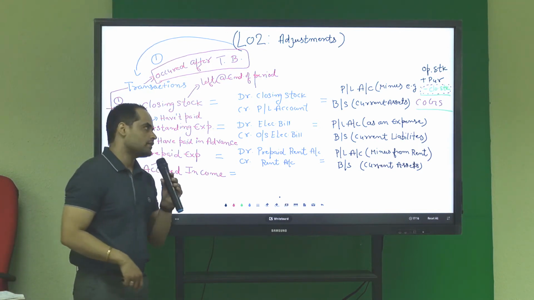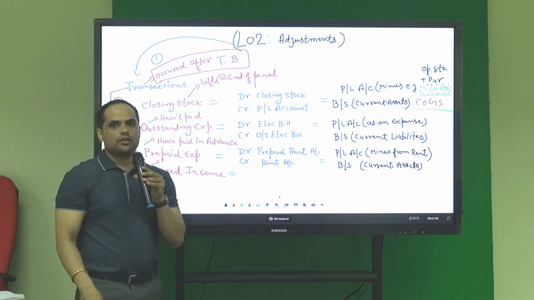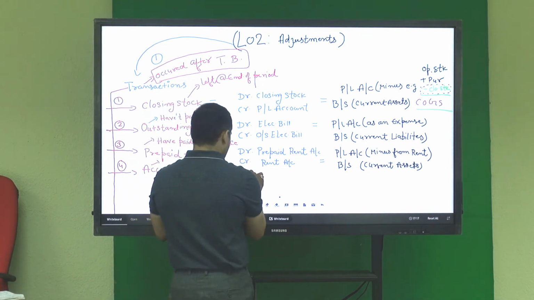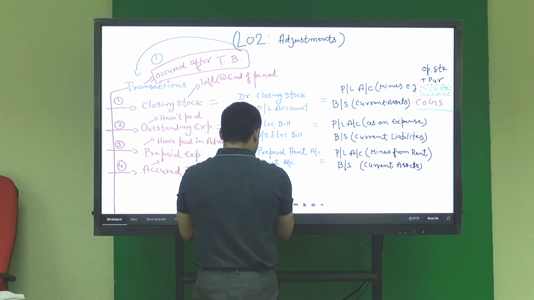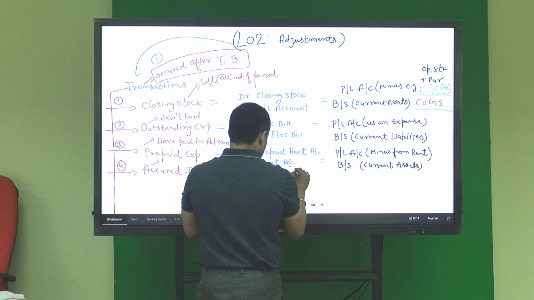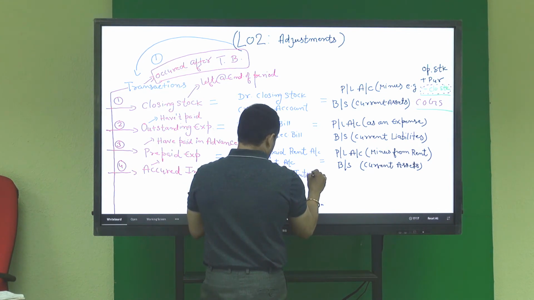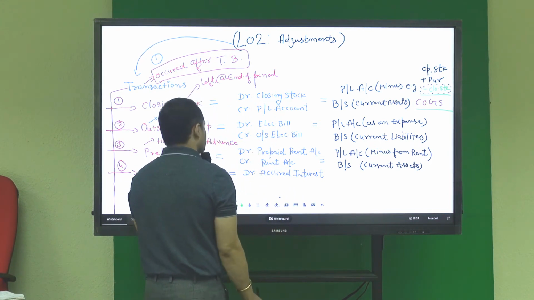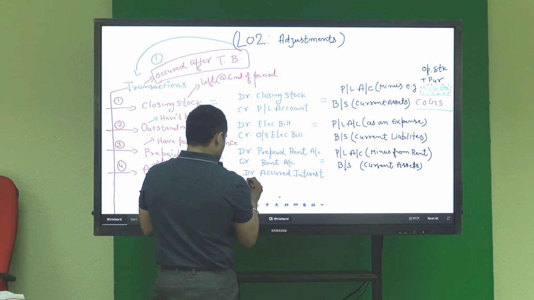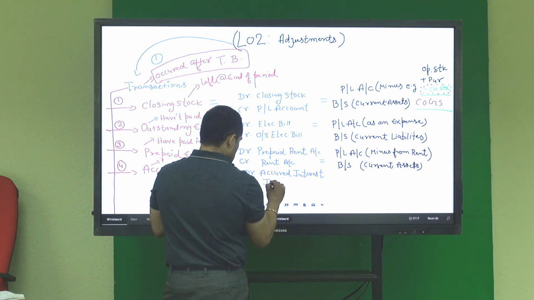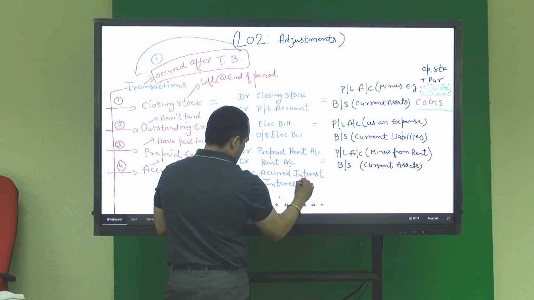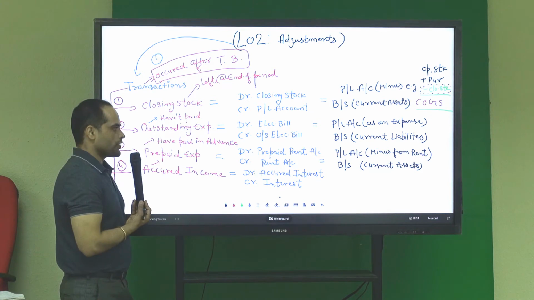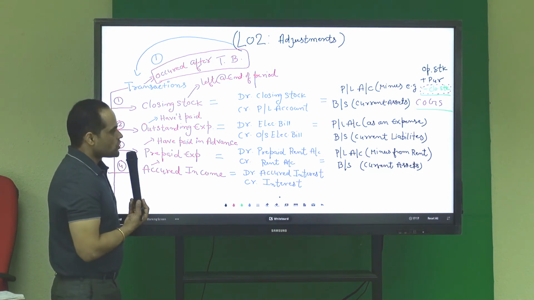So your journal entry, let's say it's interest that you earned but haven't received: debit accrued interest, credit interest.